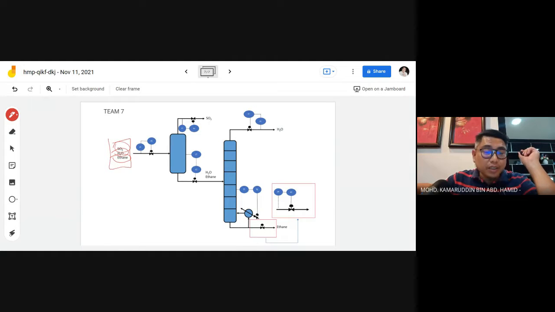Okay, basically stream in dengan stream out untuk flash tu, integrity dia akan drop sebab dia akan berkarat, mudah berkarat. Because sulfuric acid is very corrosive. It's a corrosive acid. Okay, sebab tu kita tak boleh ada benda-benda yang macam ni dalam plant kita. Dia akan makan sikit-sikit pipe tu.